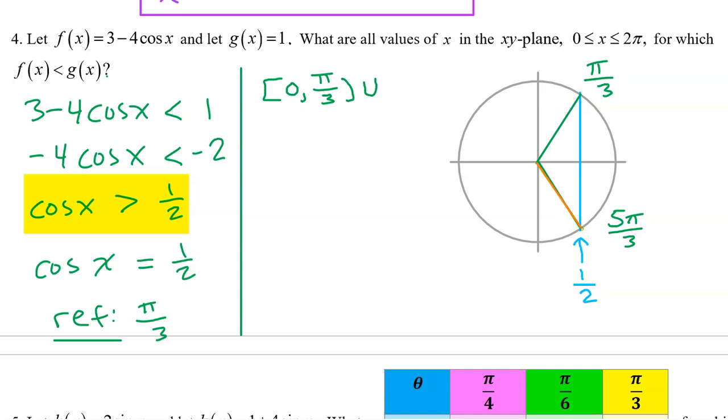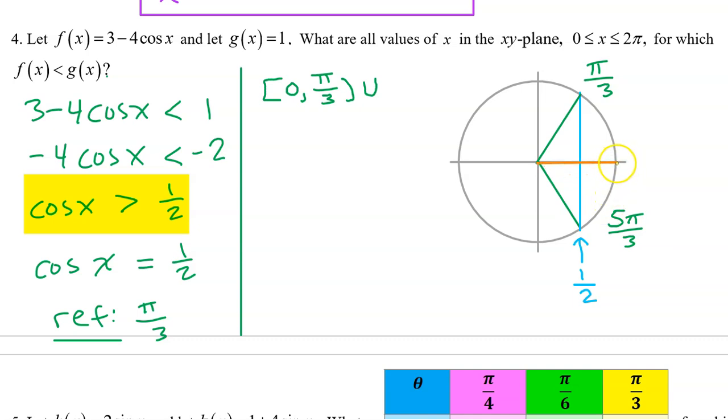So 5 pi over 3 is not going to be a solution, but after we pass 5 pi over 3, we have more solutions because this endpoint is to the right of the blue line. The horizontal displacement is greater than 1/2. And that's going to be between 5 pi over 3 and 2 pi.